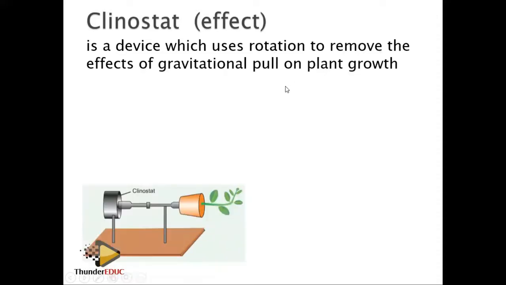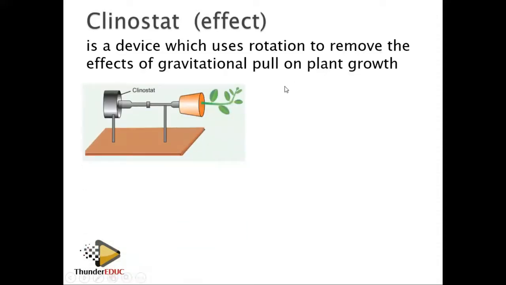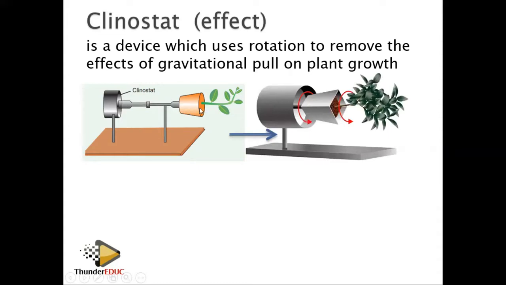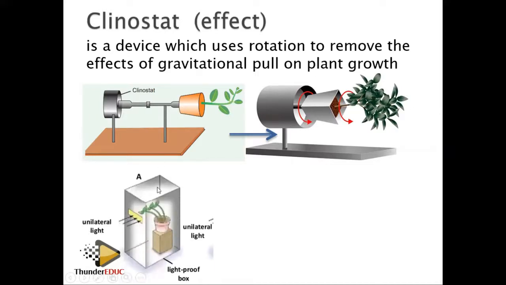So this is the clinostat, how it looks. It's put onto the plant, but it's not rotating. But when it rotates, it's going to look like this. When it's not rotating, you see that the plant is growing upwards. But once it starts rotating, the plant is going to grow straight without disturbance.